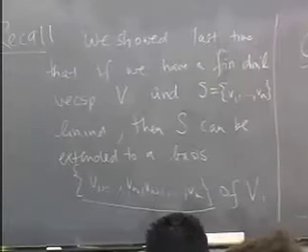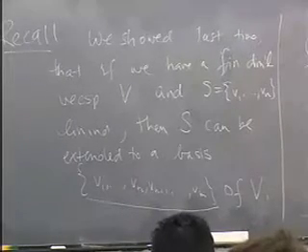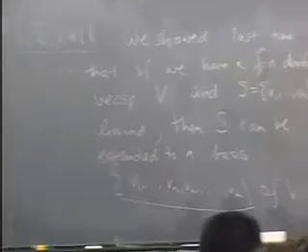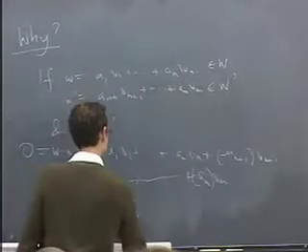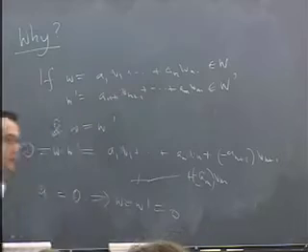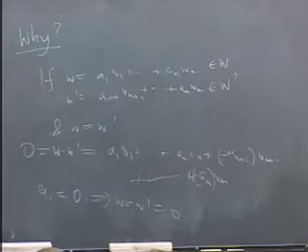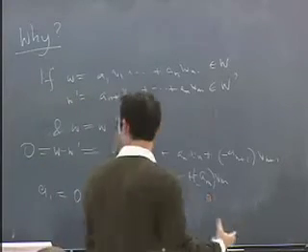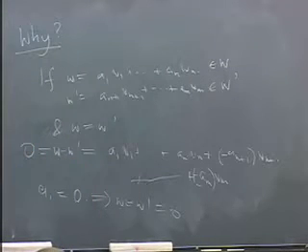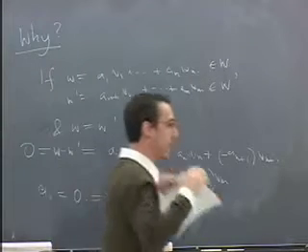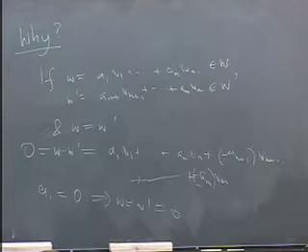All of these a_i are 0. So each a_i must be 0. So the things that we started with must have been 0. So it's the linear independence which is telling us in a completely essential way that the intersection of these linearly independent spans must be 0.